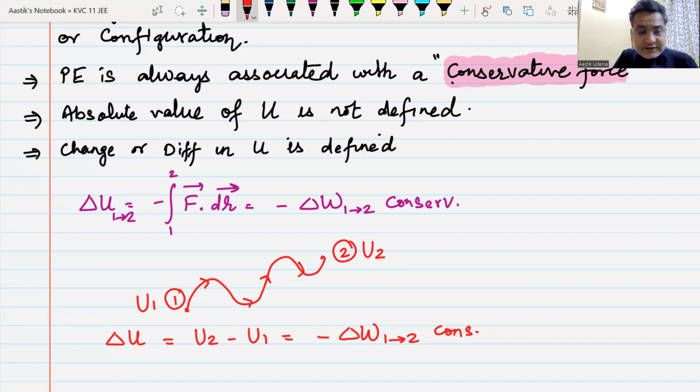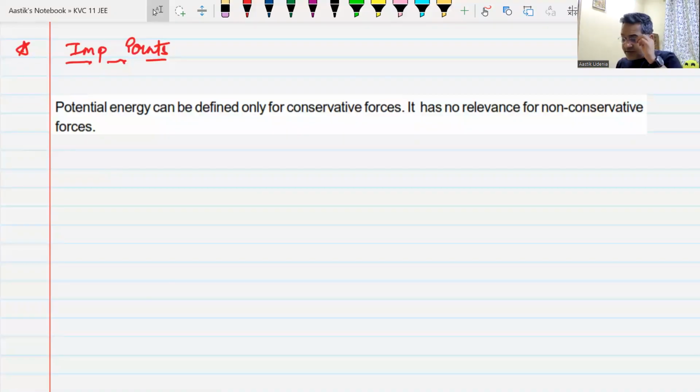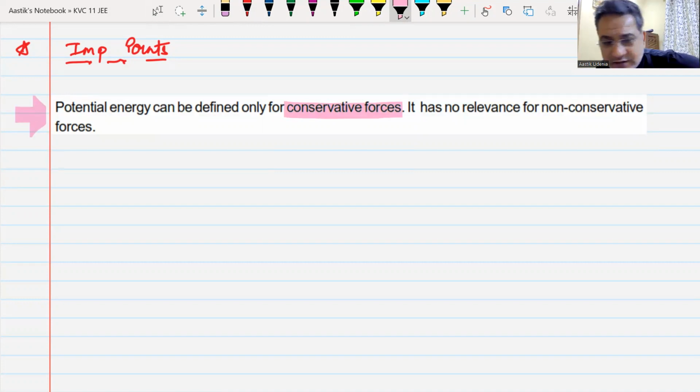The first point is potential energy is only defined for conservative forces. Non-conservative forces, there is no meaning of this potential energy. It's only defined for conservative forces. And there are three conservative forces or three potential energies that we will be encountering.